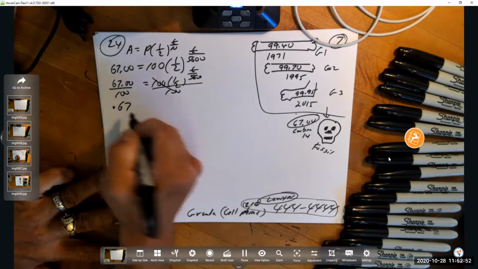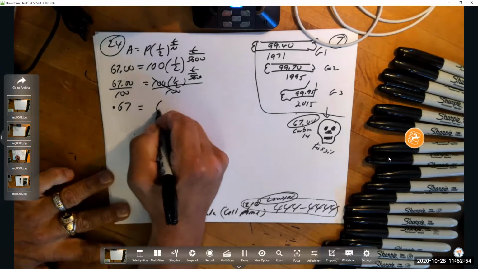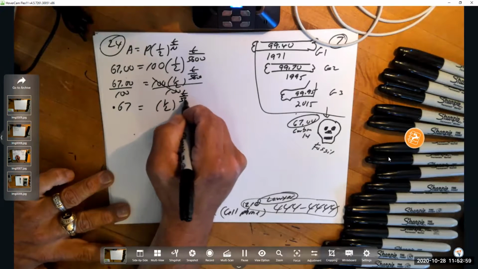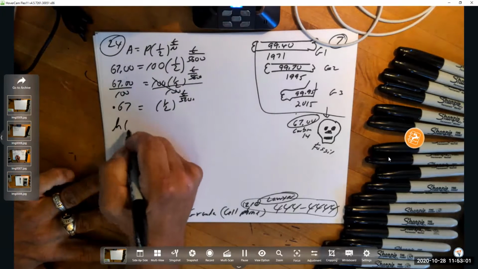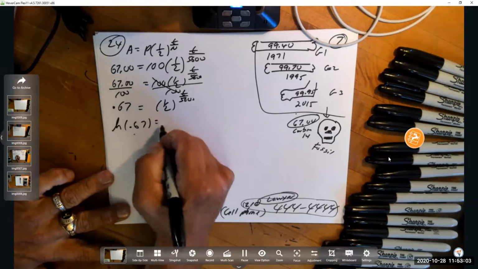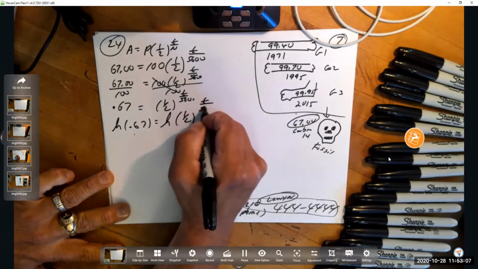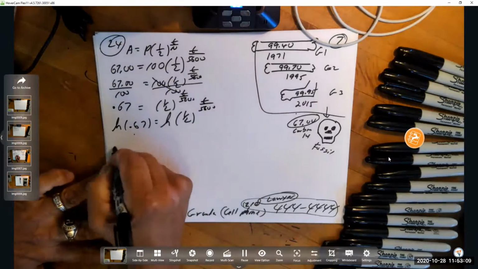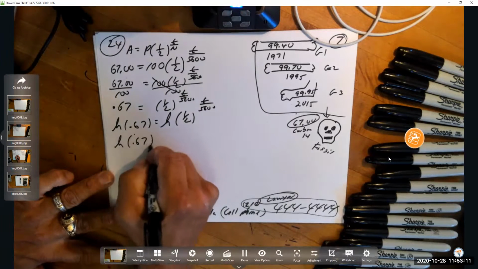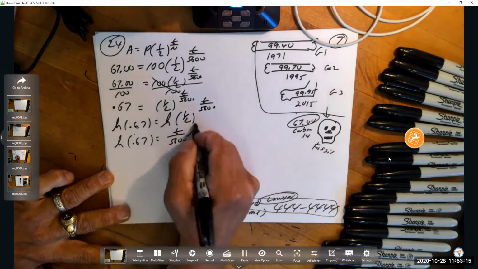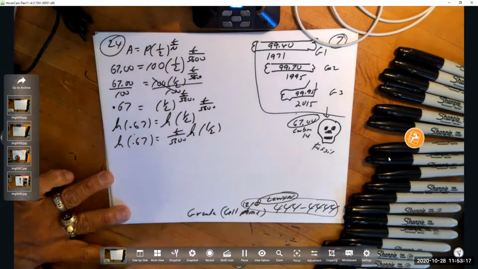67. That's it? Okay, I'll just write it like that then. So 67. All right. And now, ln of 0.67 and ln of this one here, 1/2 to the T over 5600. So ln of 0.67 is T over 5600 times ln of half.